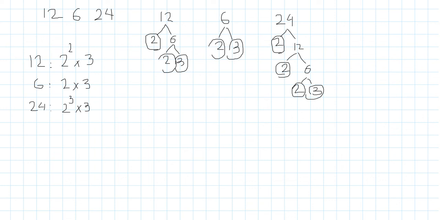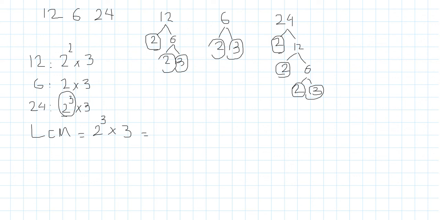Now for the LCM, I choose the biggest exponent. Here 2, 2, 2 are common and 3, 3, 3. So for 2s we choose 2 to the power of 3, so I write it. And for 3s I choose one of them. It makes no difference, all have the power of 1.